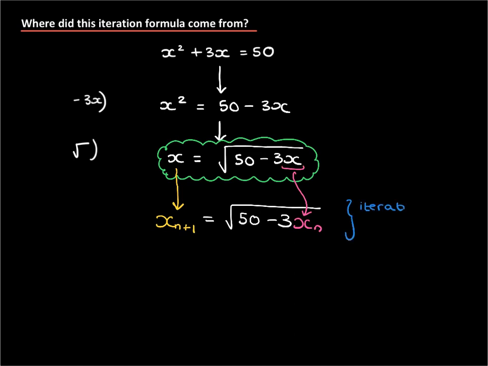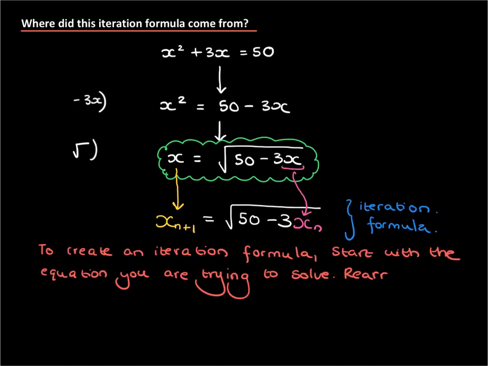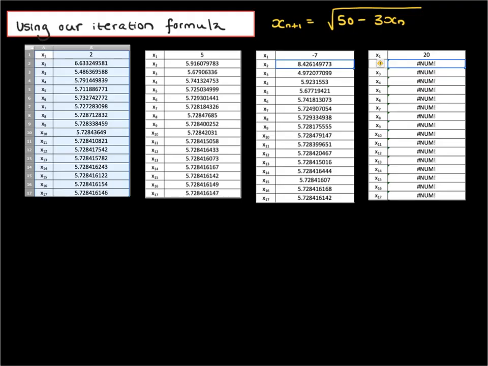So here is our iteration formula. And it was created by rearranging the original equation that we had to solve into a format with x on both sides. One x then becomes the new x, or the new term, x_(n+1), and the other x, or there might be multiple x's on one side, become x_n, or the previous term. So let's have a look at our iteration formula in a little bit more detail.